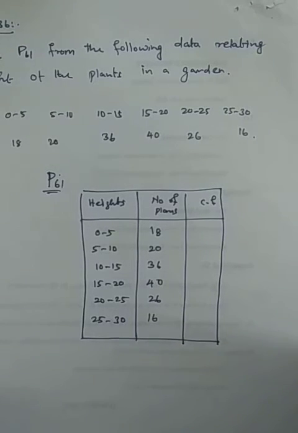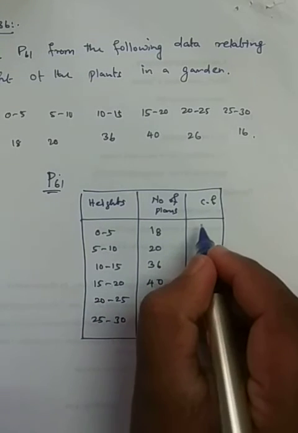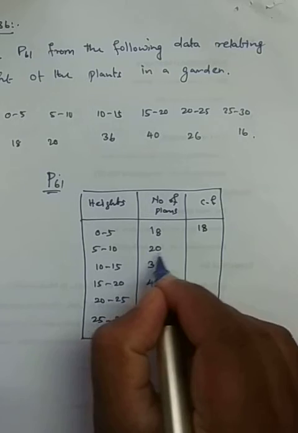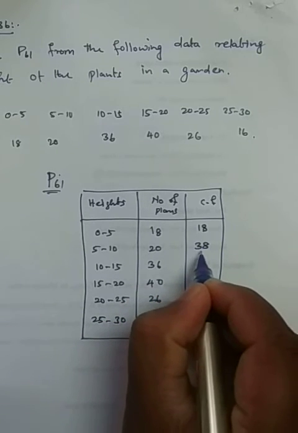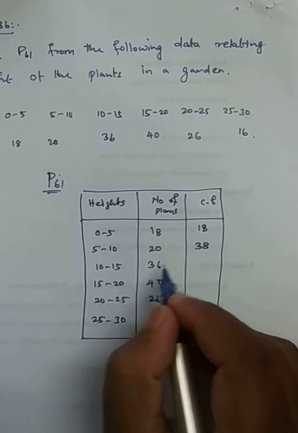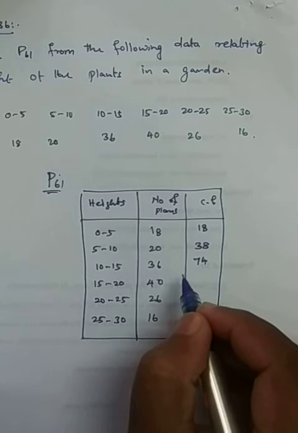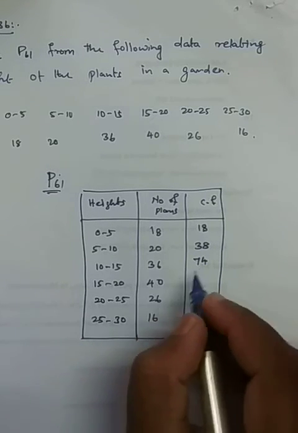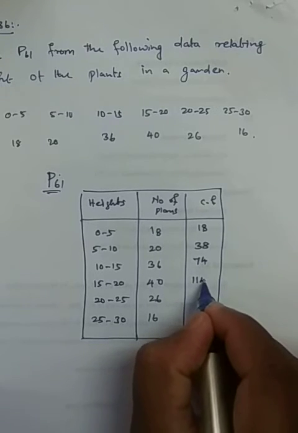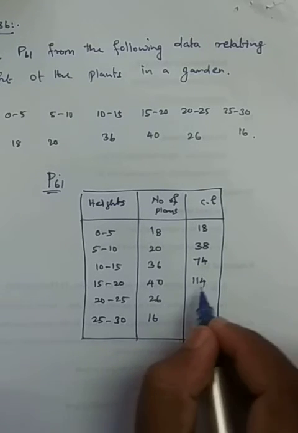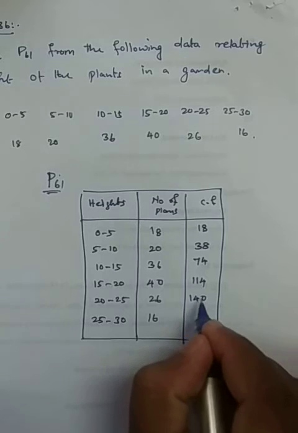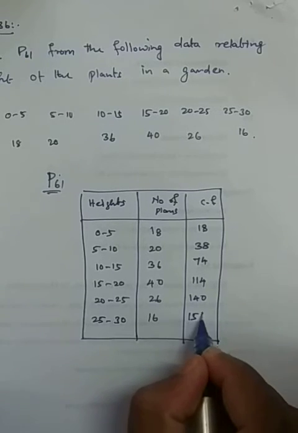So first 18 as such will come. 18 plus 20 is 38. 38 plus 36, 74. 74 plus 40, 114. 114 plus 26, 140. 140 plus 16, 156 will come.